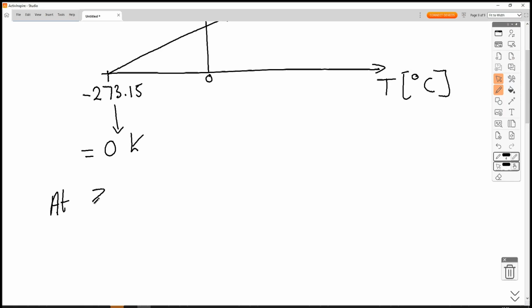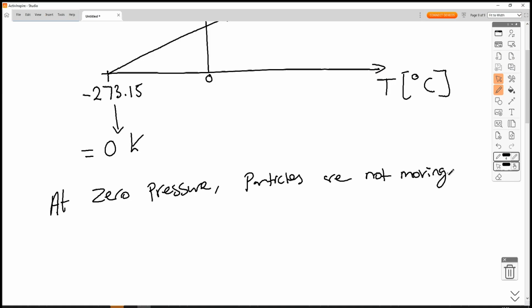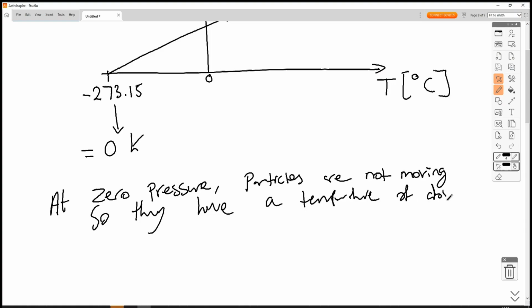So at zero pressure, particles are not moving. So they have a temperature of absolute zero, because they have no kinetic energy.